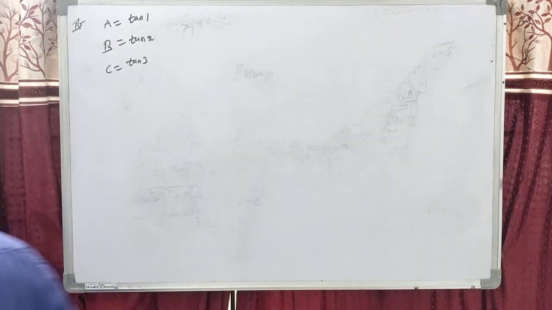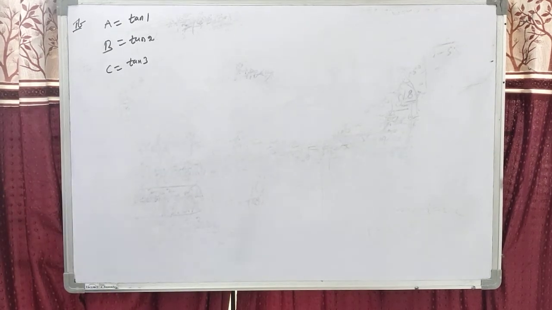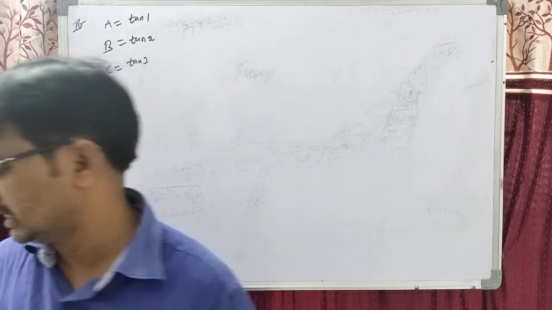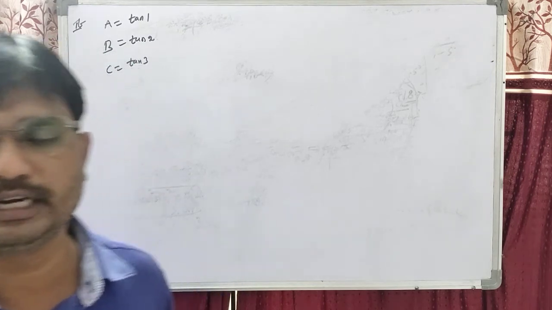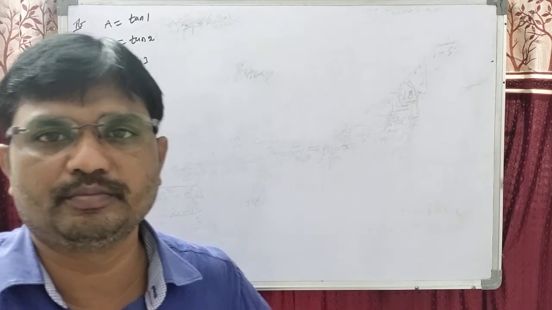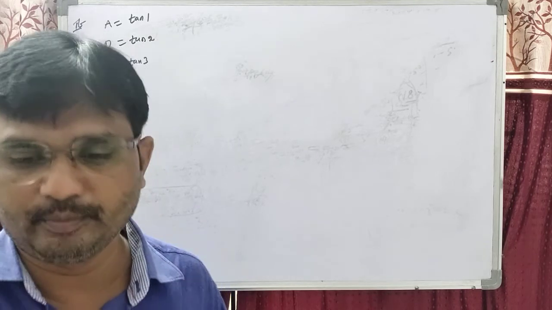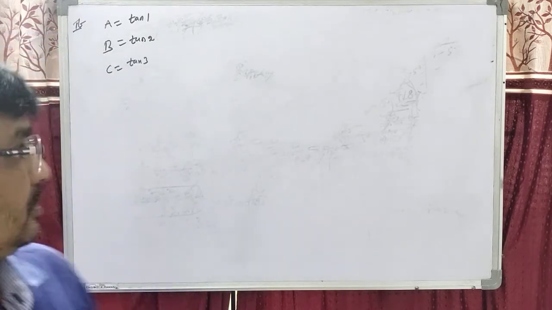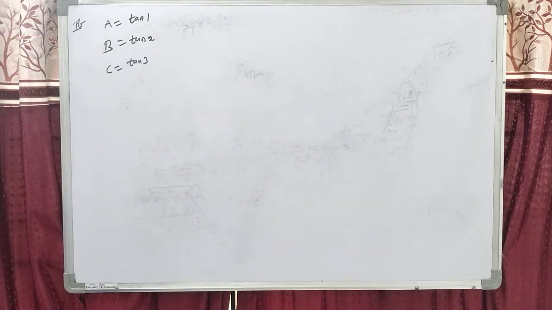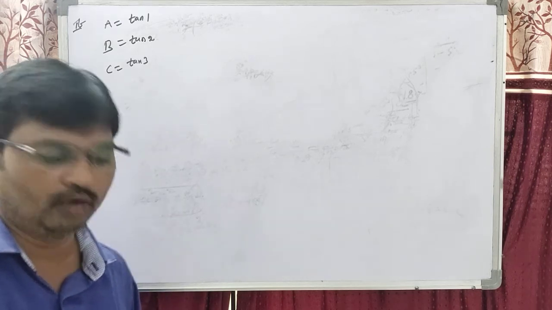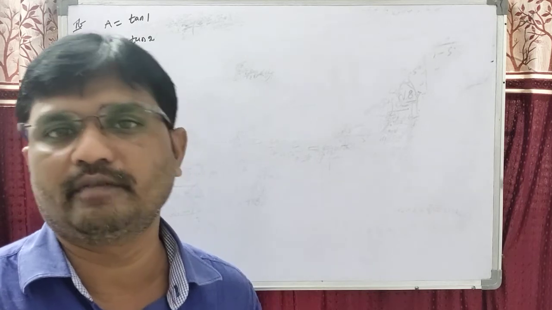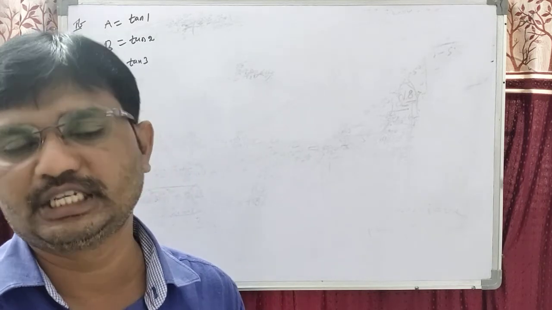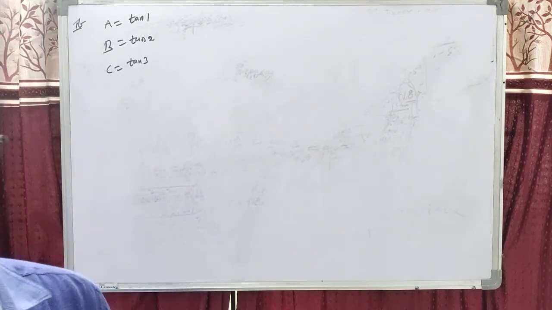Dear students, A is tan 1, B is tan 2, C is tan 3. Then find the descending order of A, B, C. Ascending means increasing order, descending means decreasing order, students. Already I explained, 1 radian equals 57 degrees 16 minutes 24 seconds.